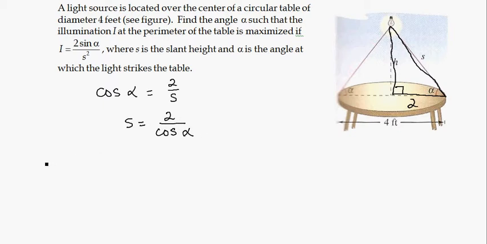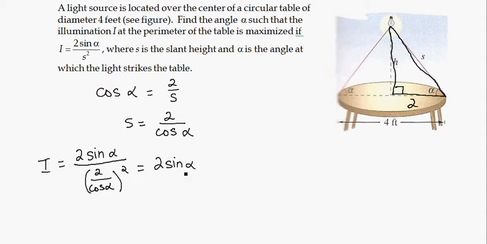So that means that our illumination is 2 sine of alpha over, instead of s squared, 2 over cosine of alpha squared. So let's simplify this. This is 2 sine of alpha divided by 4 over cosine squared of alpha.